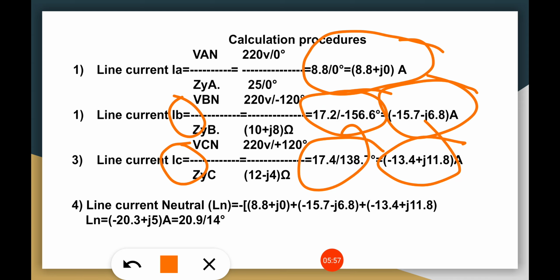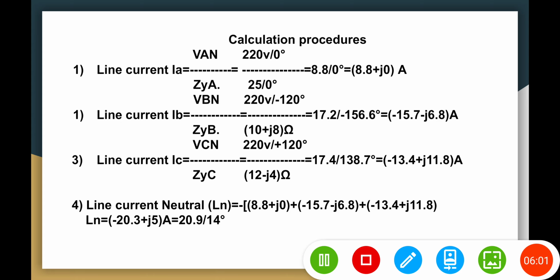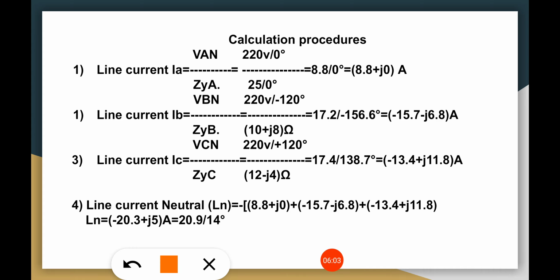These are correct. You can see the magnitudes 8.8, 7.2, 7.4, 17.4. They don't have the same magnitudes, because this is an unbalanced or asymmetrical load configuration.